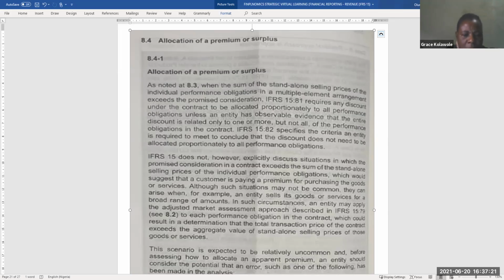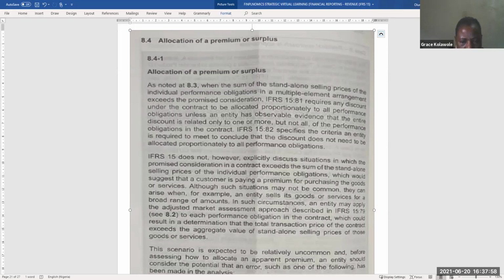IFRS 15 does not, however, explicitly discuss situations in which a promised consideration in a contract exceeds the sum of the standalone selling prices of the individual performance obligations, which would suggest that a customer is paying a premium for purchasing the goods or services. Although such situations may not be common, they can arise when, for example, an entity sells its goods or services for a broad range of amounts.